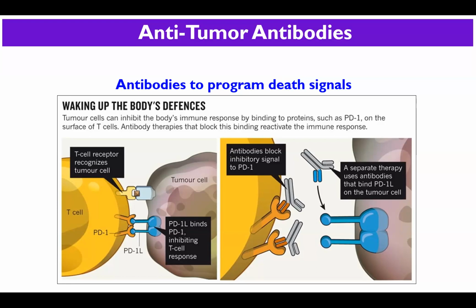What these folks discovered is that if you use, let's say, a monoclonal antibody to block either the receptor, as shown over here, or the ligand, you're separating the T cell and the cancer cell. The T cell is now released from that suppression, and it's able to thrive, proliferate, increase in numbers, and then kick in and start killing the target cell. This is one of the strategies that is currently being deployed in the clinics, and it's working.